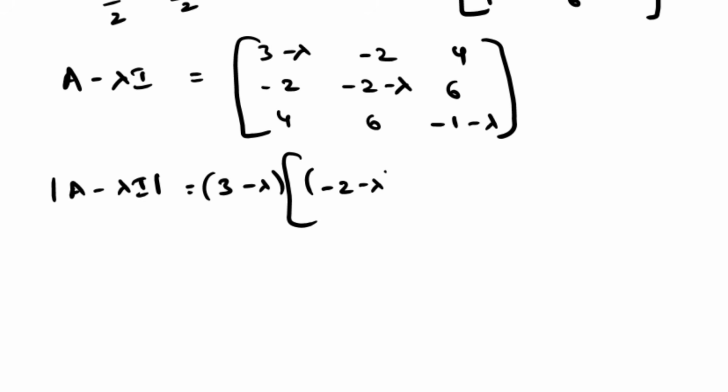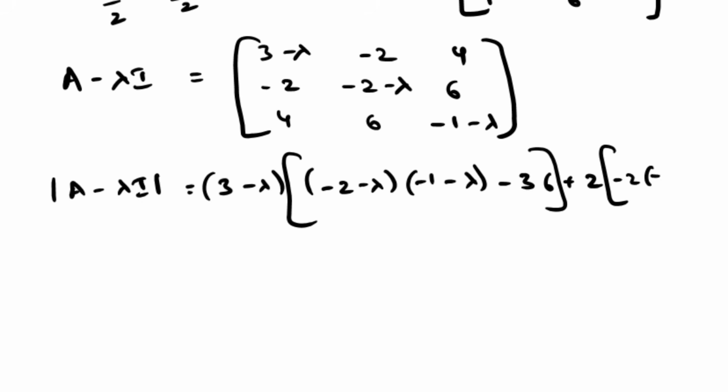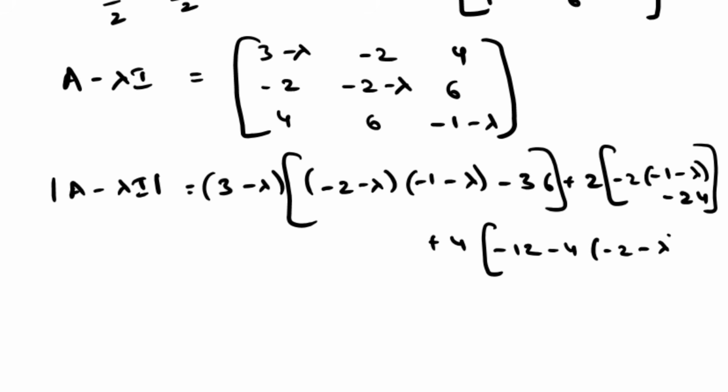Now expanding the determinant: 3 minus lambda into minus 2 minus lambda into minus 1 minus lambda minus 6 into 6, that is 36, plus 2 into minus 2 into minus 1 minus lambda minus 24, plus 4 into minus 12 minus 4 into minus 2 minus lambda.